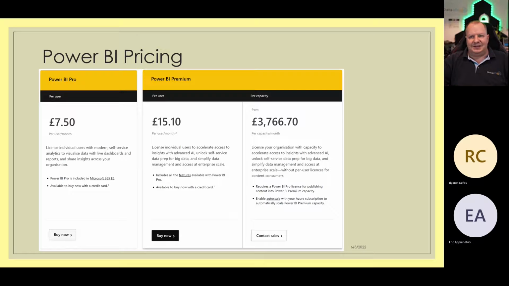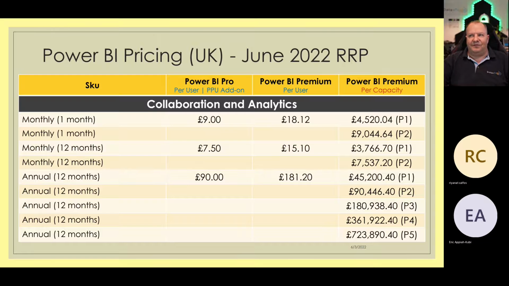So here's a breakdown now of the pricing for the different SKUs. First off, there are 2 options for monthly. There's a single 1 month option where you pay and you get 1 month's use of that license. That is either £9 for the pro or £18.12. This is UK money for the June 2022 current pricing.